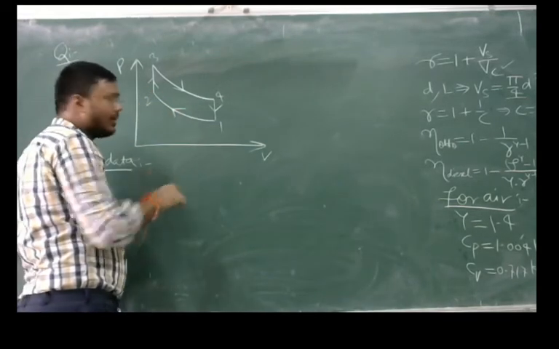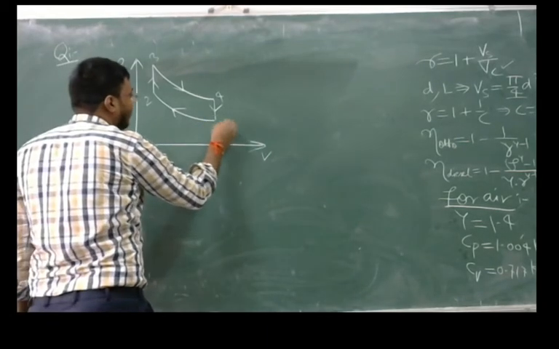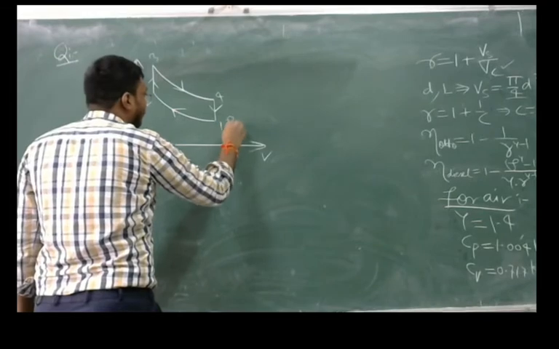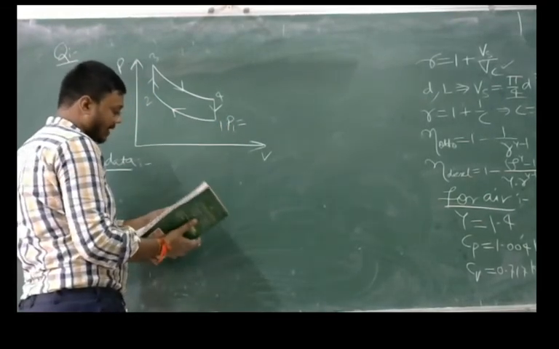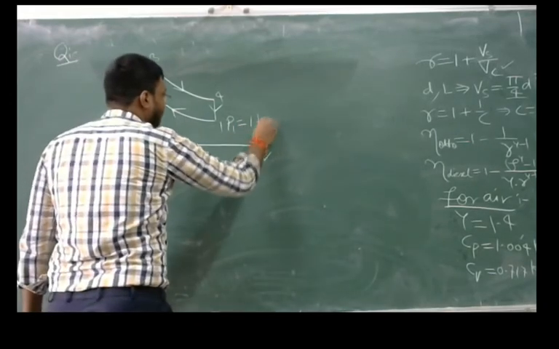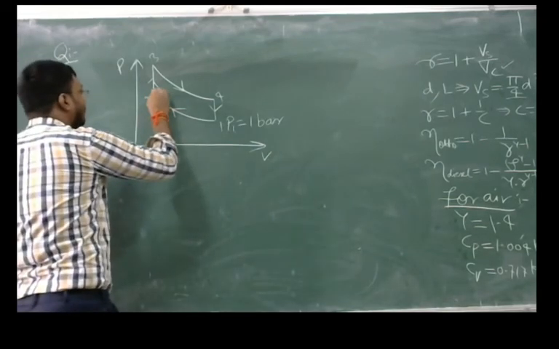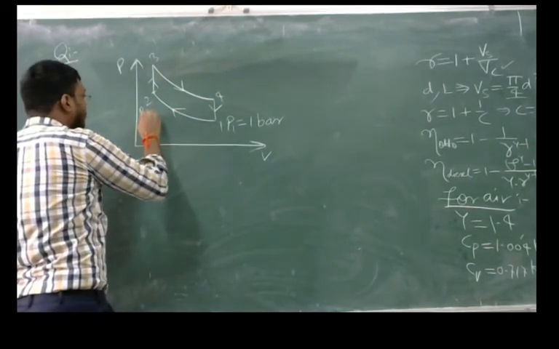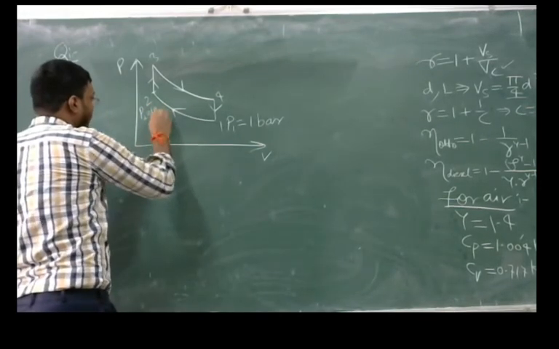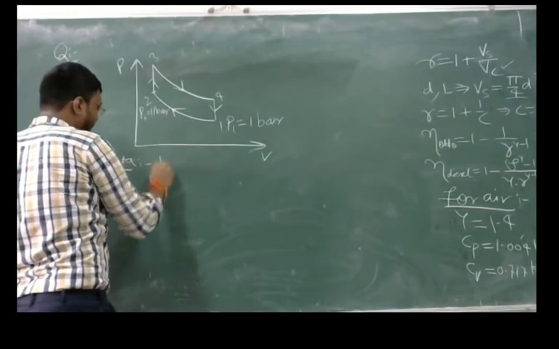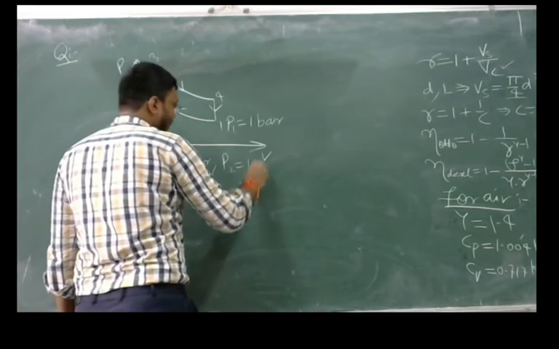So at point 1, the pressure is P1, which is given equal to 1 bar. At point 2, at the end of compression, P2 is given as 11 bar. So the given data is P1 equal to 1 bar and P2 equal to 11 bar.